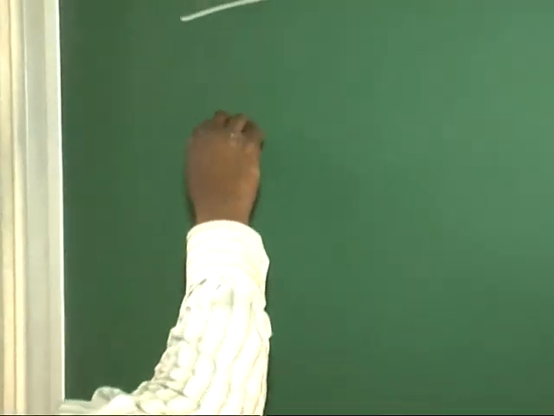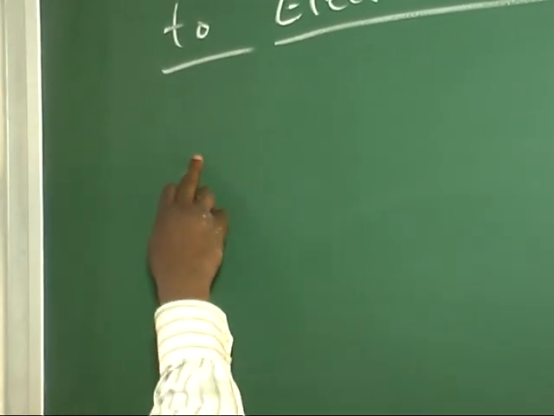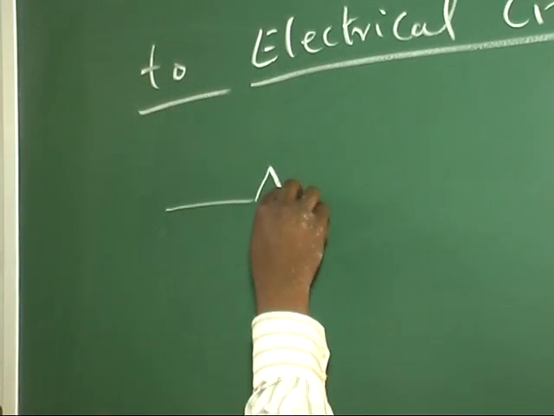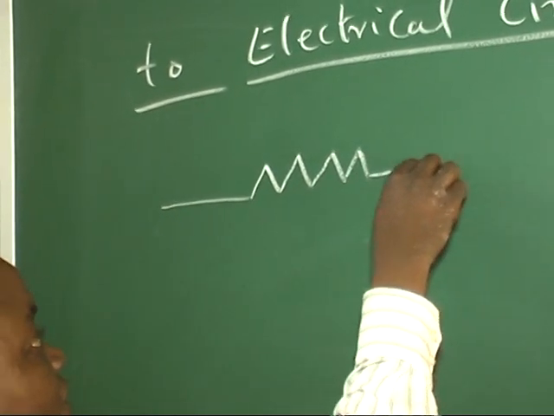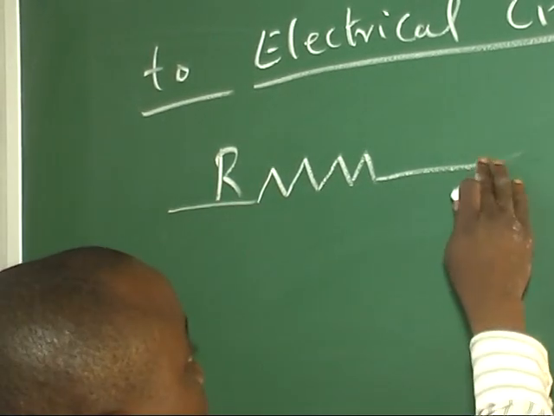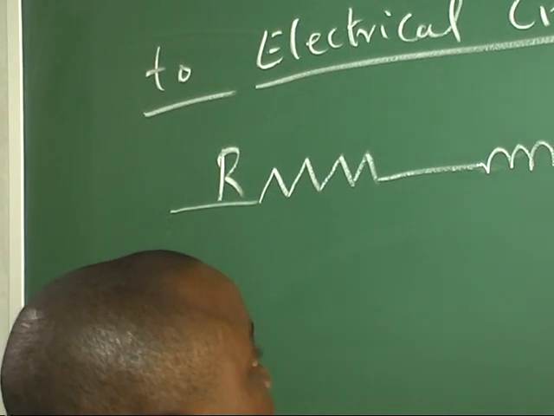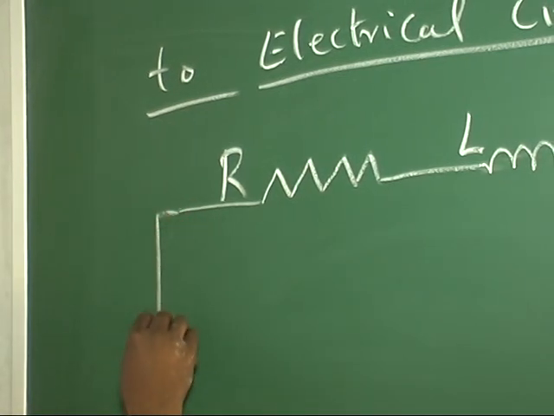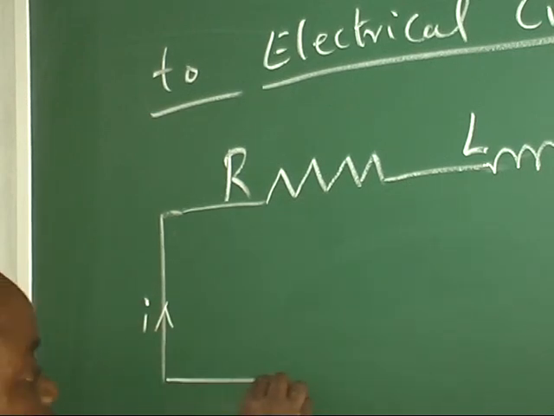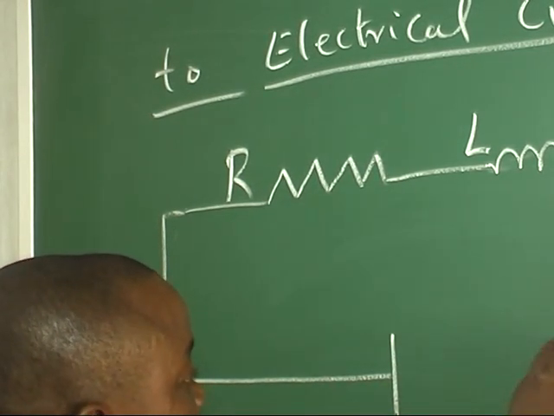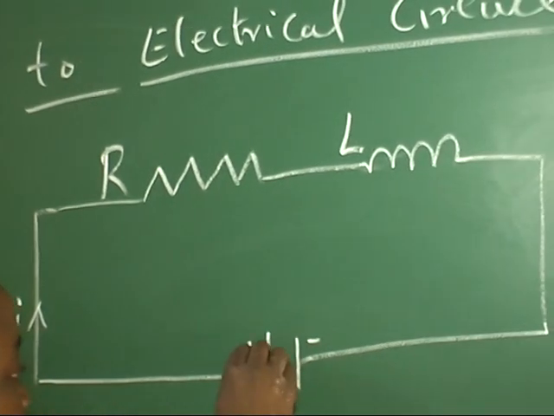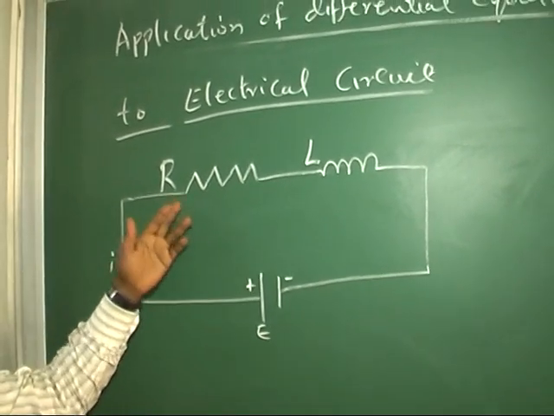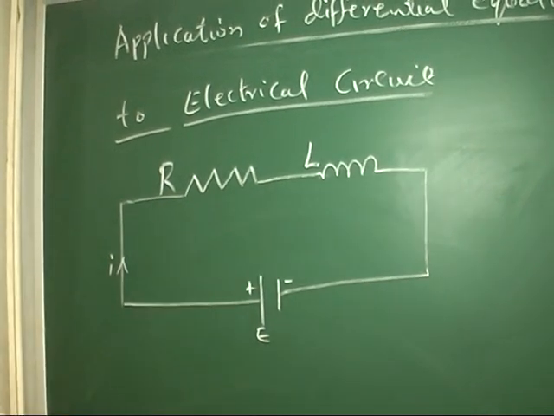Let's look at electrical circuits that contain a resistor R, and also an inductor L. And this is where we have the electromotive force E. Some electrical circuits will contain resistor, inductor, and capacitor.